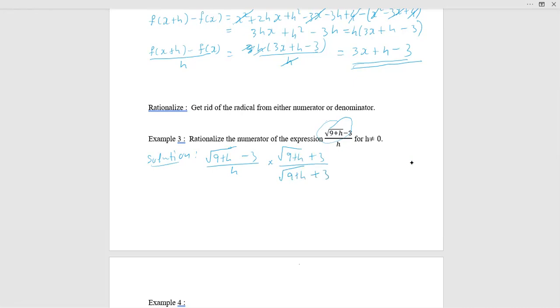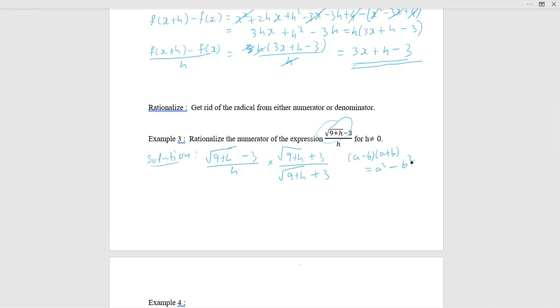That's 3. Look at the top. It is like a minus b times a plus b. What do we get if we multiply a minus b times a plus b? This is equal to a squared minus b squared: first term squared minus second term squared.